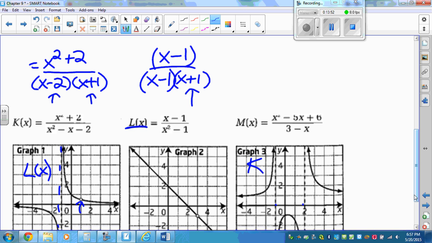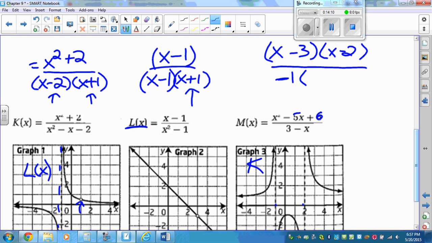Next up, I need to simplify this guy. He got a little bit cut off. So factoring the top, two things that multiply to be positive 6 and add to be negative 5. And on my bottom, I have 3 minus x. If I factor out a negative 1, that's the same as x minus 3. Those are opposites. They're coming back to haunt us.